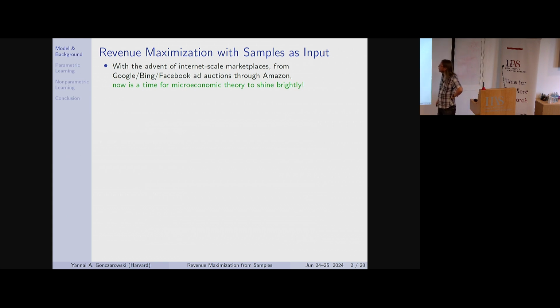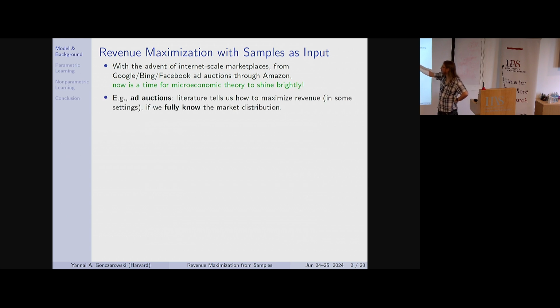So here's the thing. We now have internet scale marketplaces, Facebook, Bing, Amazon, whatever. To some extent, now is a time at which microeconomic theory should shine more than ever before.